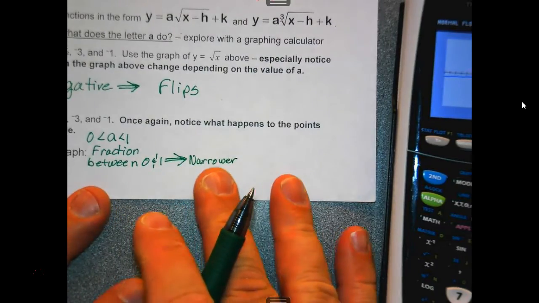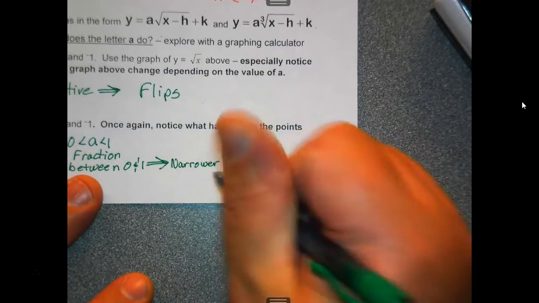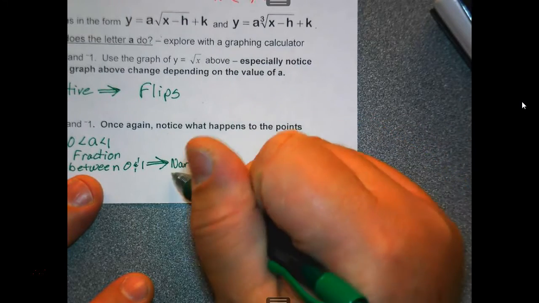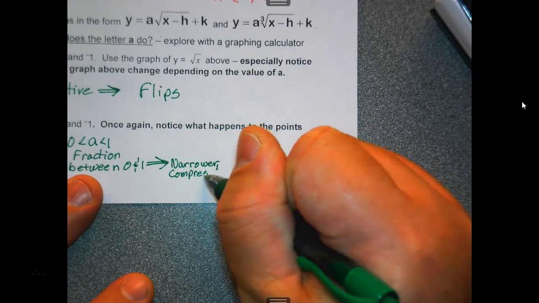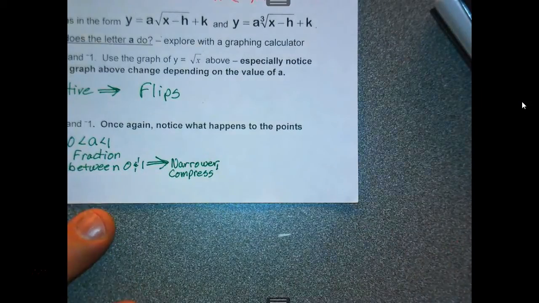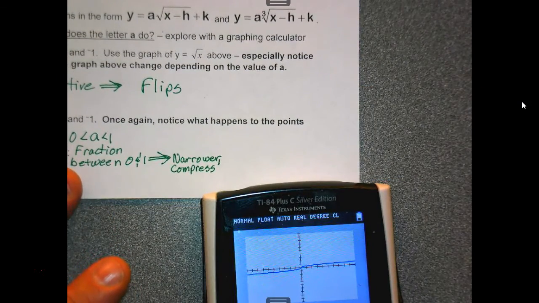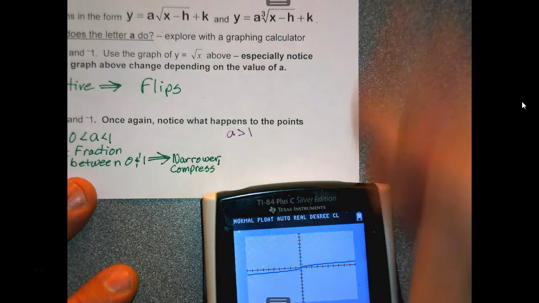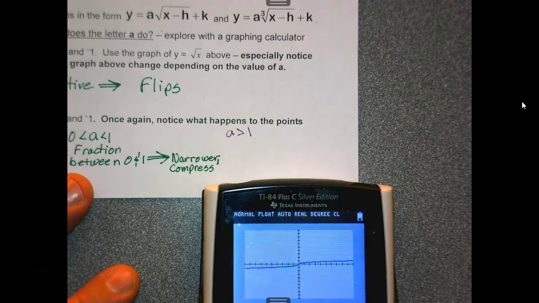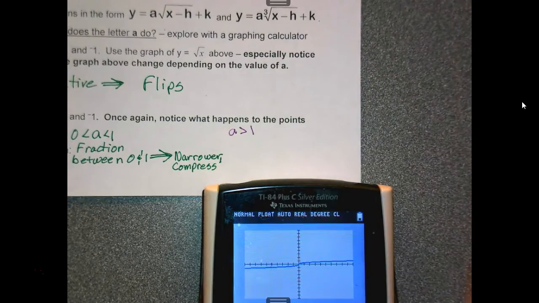It might be easier to think in mathematical terminology here, narrower or compressed, right? It got compressed or squished. So what do you think is going to happen when my A is greater than 1? It's going to be wider, or stretch would be more appropriate.